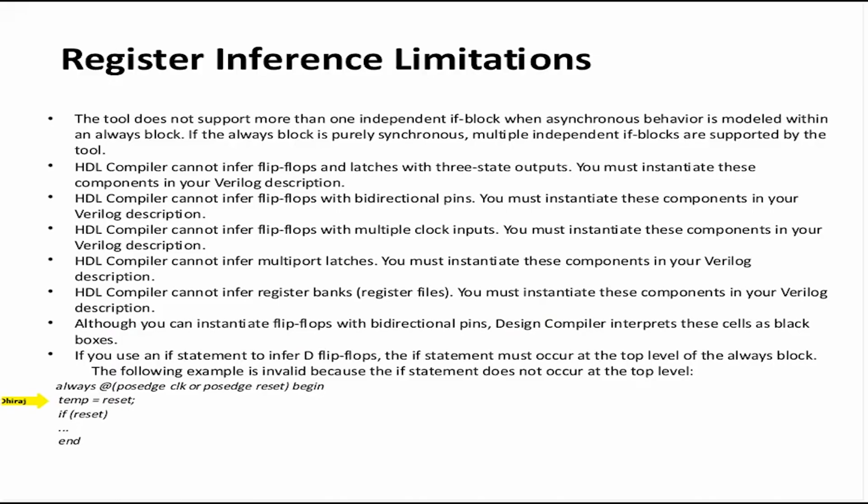So these are very important coding guidelines. Whenever you write code for an asynchronous set or reset flip-flop, the first line should always be if reset or if set. In the else part you write the rest of the code. But the first line should always tell DC what the reset functionality is. You should be very, very clear about it.